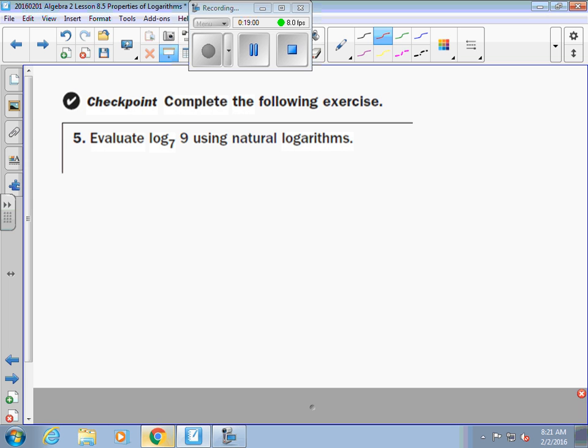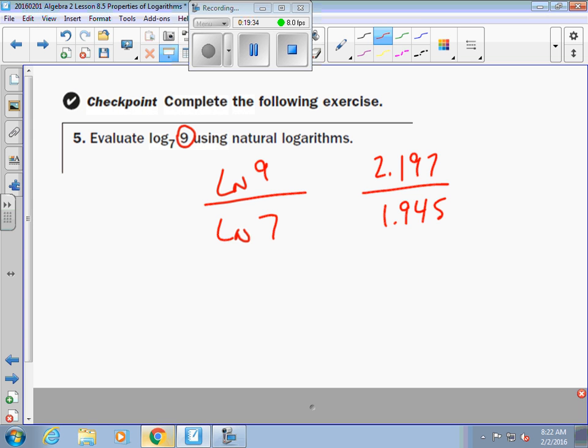So evaluate the log base 7 of 9. It says using natural logarithms, it doesn't make a difference. So right here, what you have to remember is that this is the top number. So the natural log of 9 over the base, which is the bottom number, the natural log of 7. Again, if you use log instead of the natural log, you get a different number at this part, but this is approximately 2.197 over the natural log of 7, which is 1.945 or 1.946, I guess.